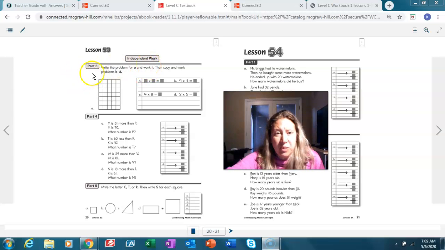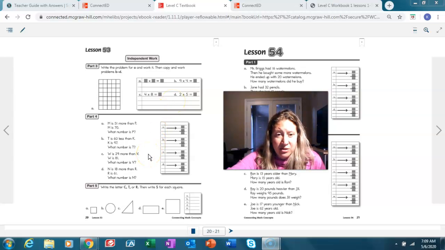What you're going to do for part 3 is you are going to write the problem for A and work it, and then copy and work the rest of the multiplication equations, okay? So you're going to write down the array here for A. So how many in each row and how many rows, okay? So do the multiplication equations.